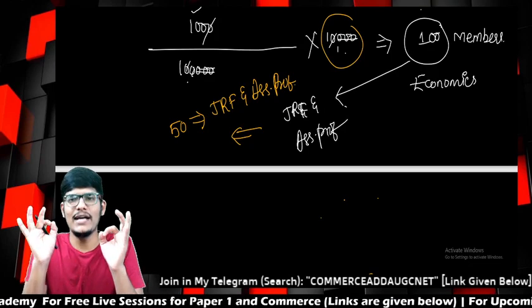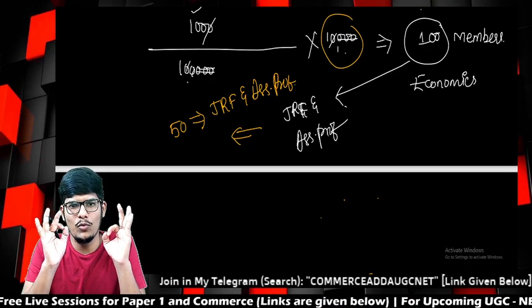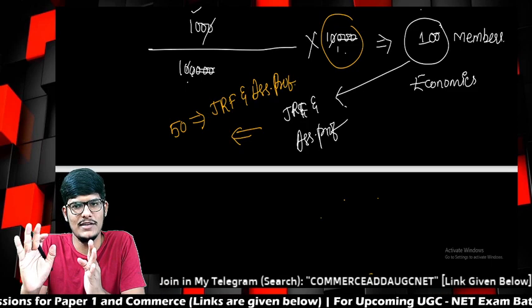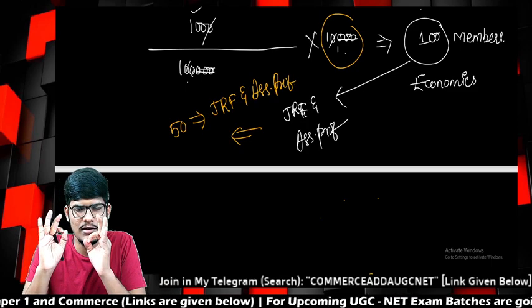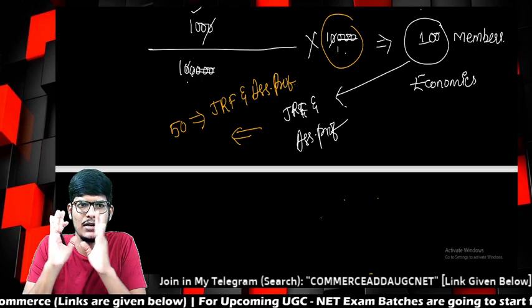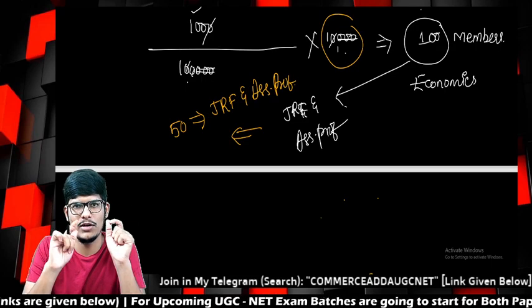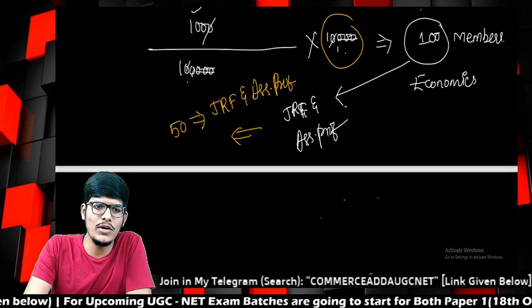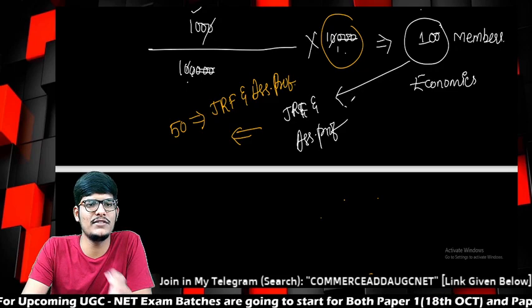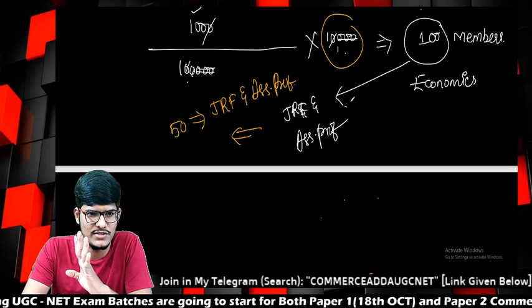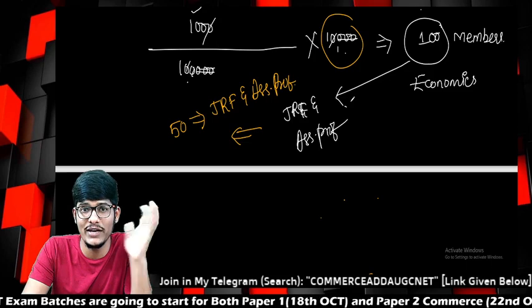Right? We got 100 members who are qualified for the JRF and assistant professor. The minimum criteria they have met as per the formula 1 calculation. Now, out of which 50% are eligible for the JRF and assistant professor, that we are just assuming.